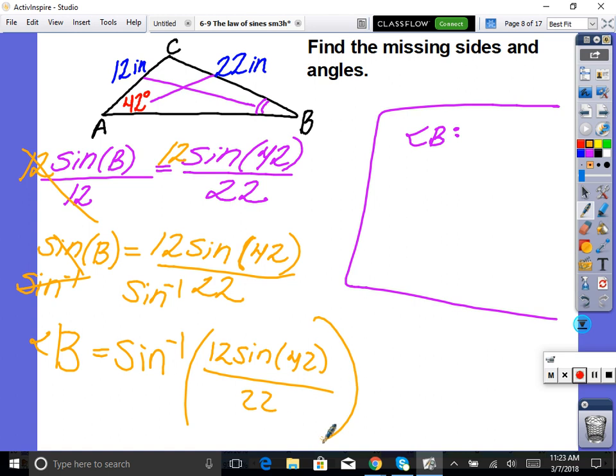We would write it like that, and then go ahead and type that into your calculator, making sure it's in degree mode since we're finding an angle, a degree measure. Angle B is 21.4 degrees. So now, angle B, we've got that, 21.4 degrees. Now we go like this. Angle C is 180 minus that, minus that.